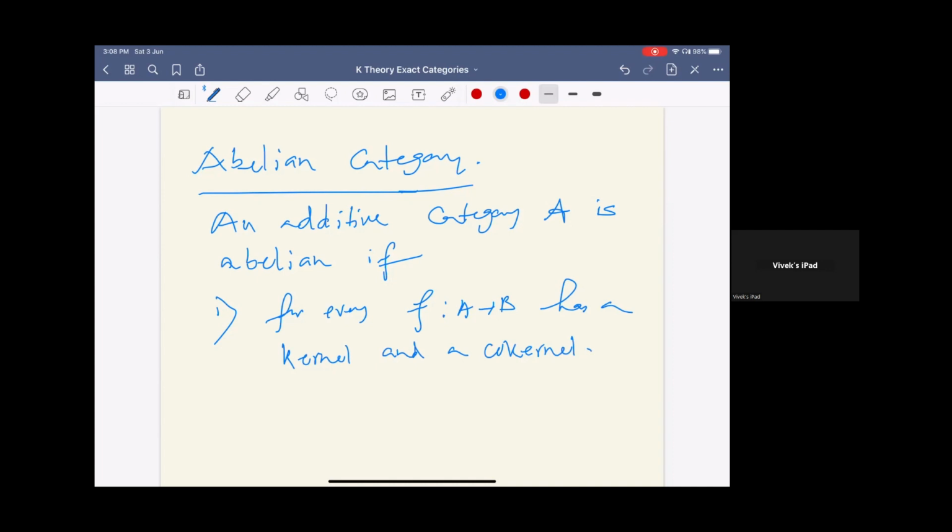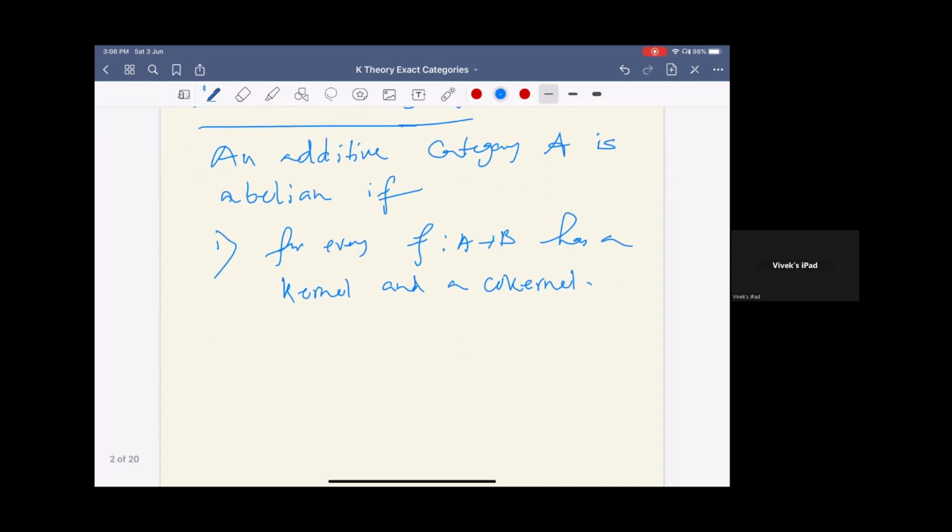That means whenever you have a map between two objects in the category, the kernel and cokernel must lie in the same category. This is the first condition you need, the existence of kernel and cokernel. For a short exact sequence, that is the first requirement: you need a kernel and cokernel to define a short exact sequence and the exact sequence concept.